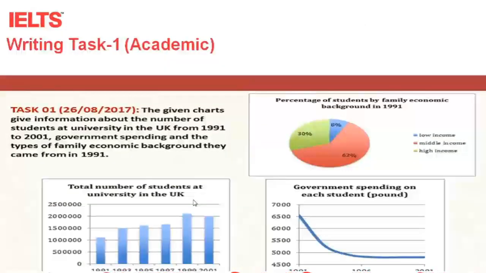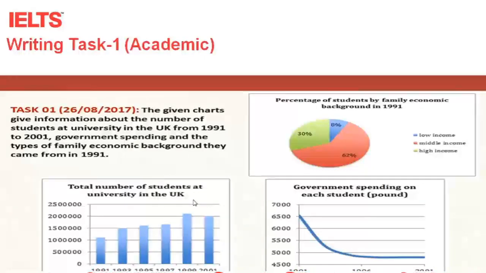So you'll be given some numerical information through a graph or chart or a diagram, sometimes even a picture, and you have to observe the numerical information, the number data, and then describe them in words, writing a report.